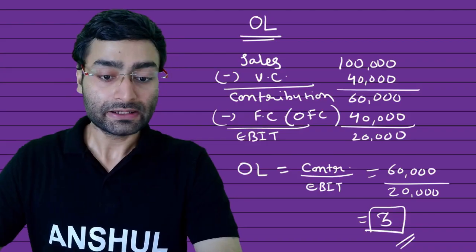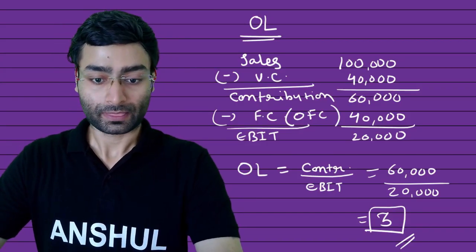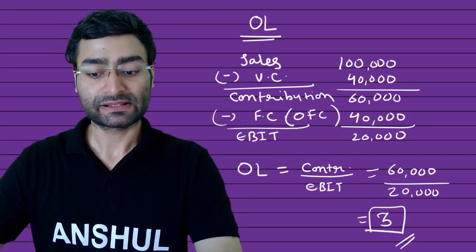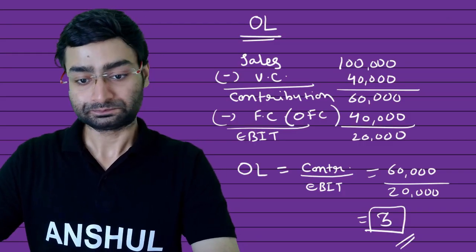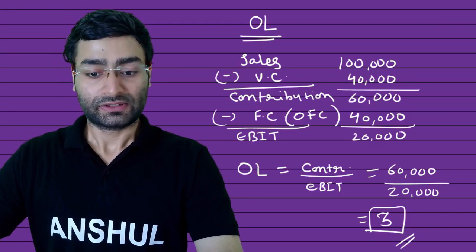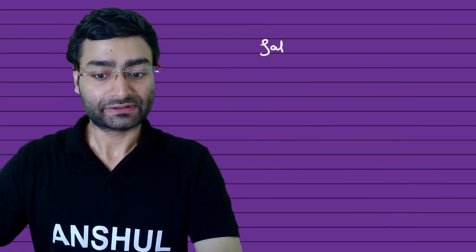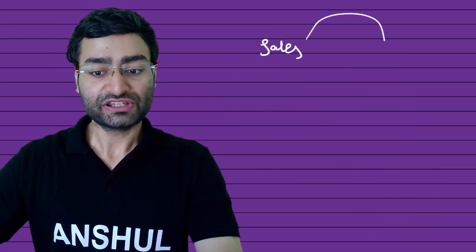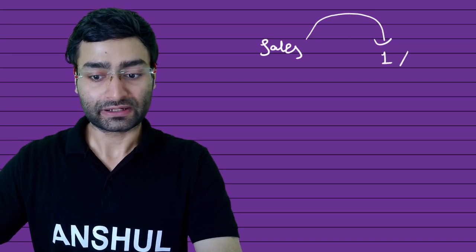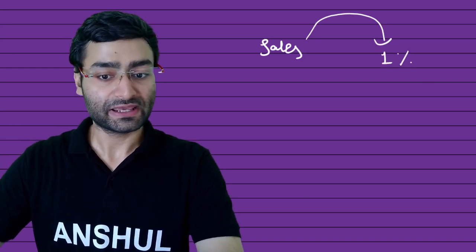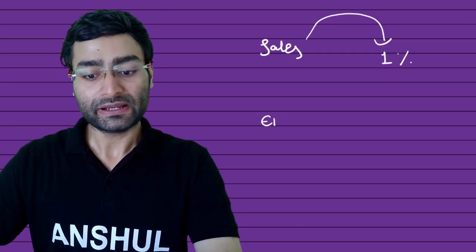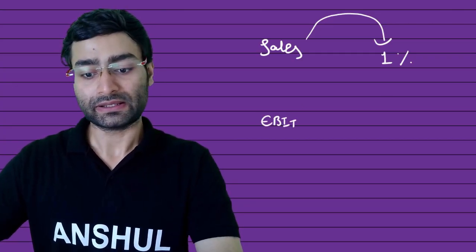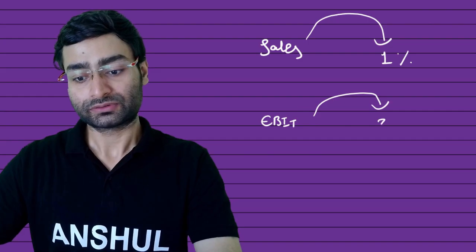Now what is the interpretation of this 3? If some business has an operating leverage of 3, what does this mean? This means that if the sales change by 1%, my EBIT will change by 3%.